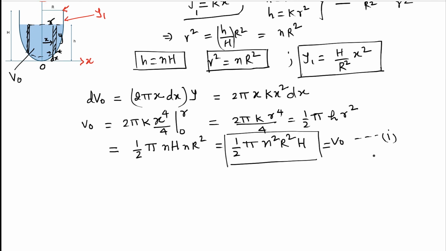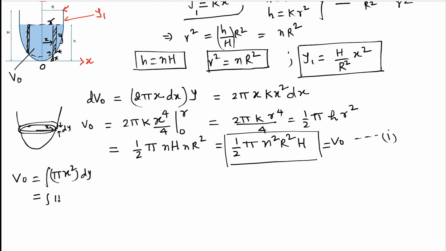By the way, you can also integrate this by taking, let's say, a disk here of radius x and of height, let's say, dy. And just to show you, this V0 will be pi x square for this one, into dy. And you can write x square as y by k, dy.